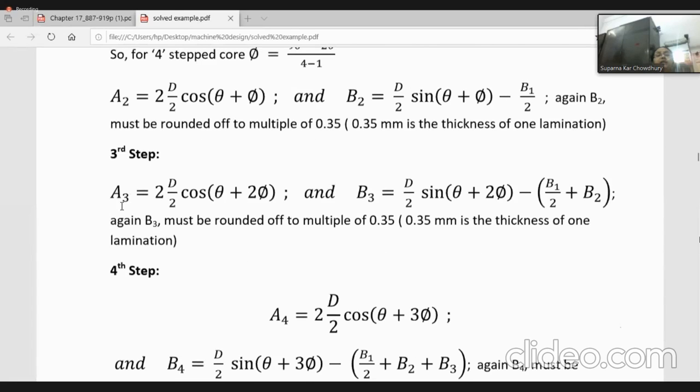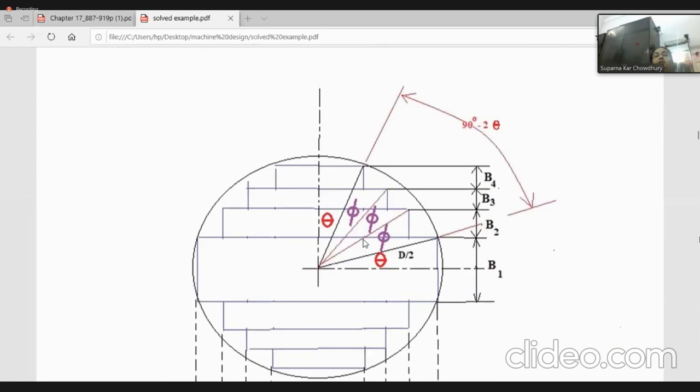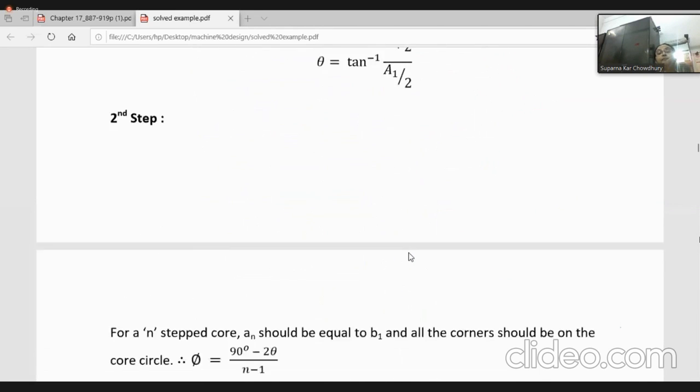For step 3, again similarly, A3 will be 2 into D by 2 cos of theta plus twice phi. And for B3, it will be D by 2 sine of theta plus twice phi, which gives this side, so minus B2 minus B1 by 2.